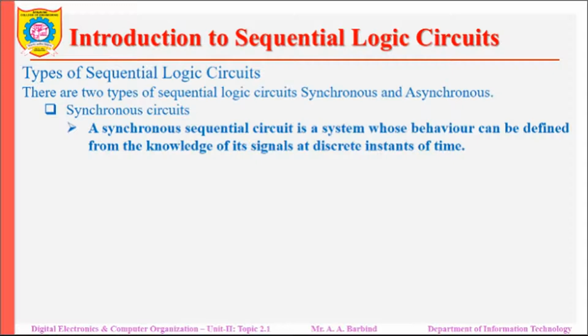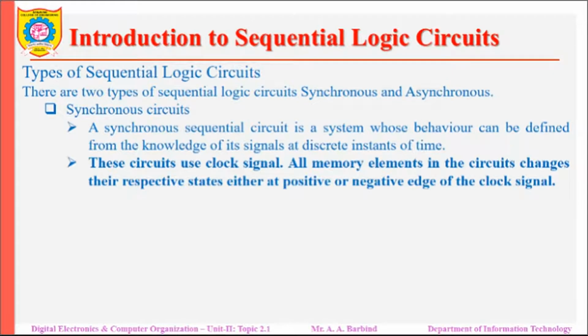The state of the circuit does not change at any instance of time. Let us say the state of the circuit changes after every 10 milliseconds or 10 microseconds, but in between, the state of the synchronous circuit does not change.